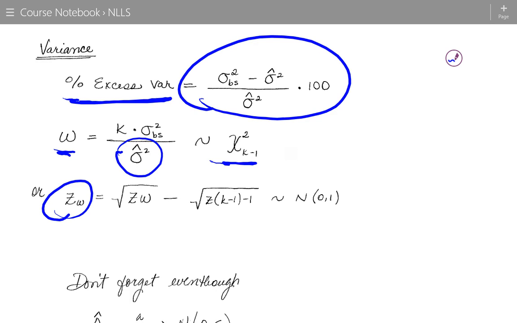Or you can use a statistic which is z times w, where here's w up here, minus the square root of z at k minus 1 minus 1, and that is a normal 0, 1. And you can use that to test the statistics as well.